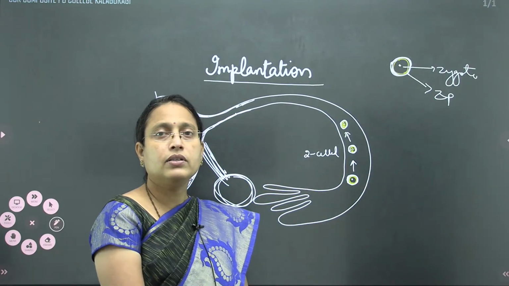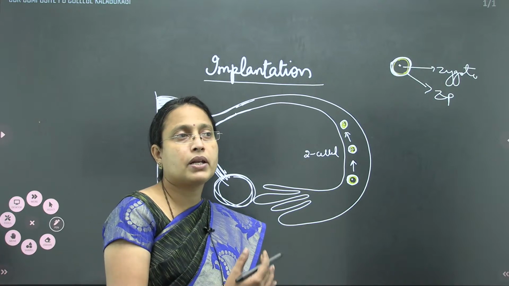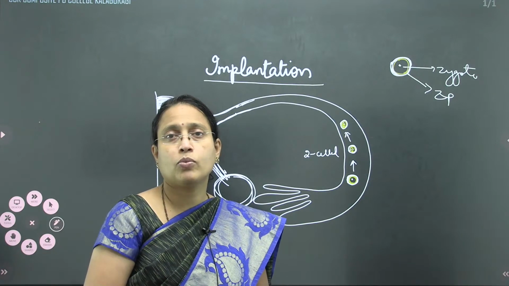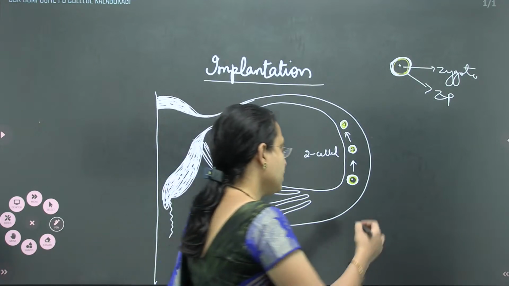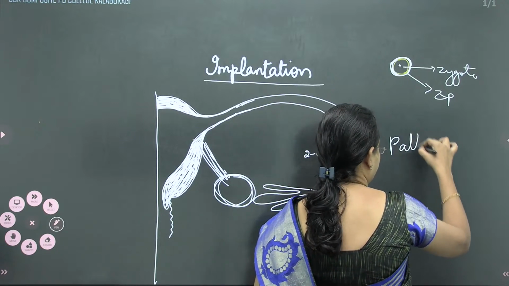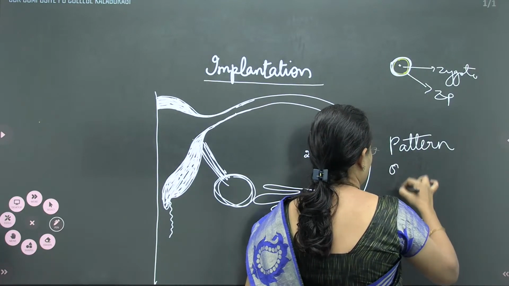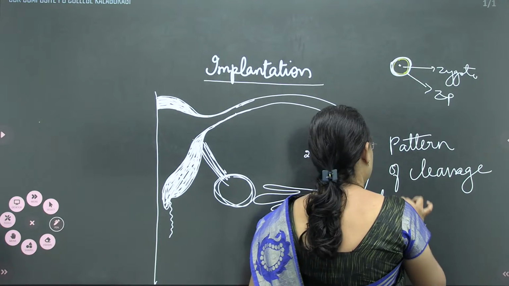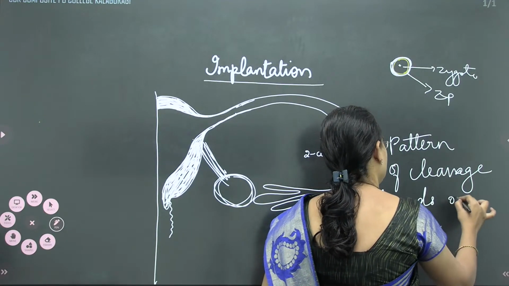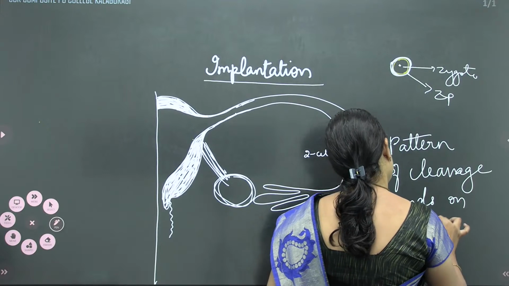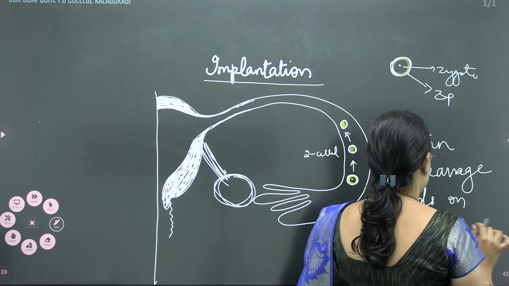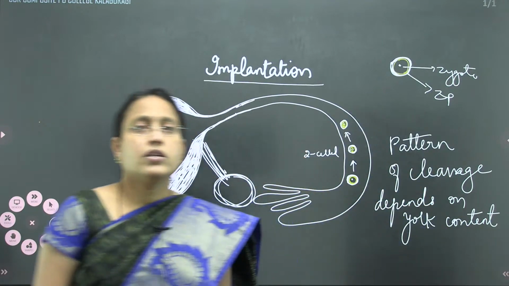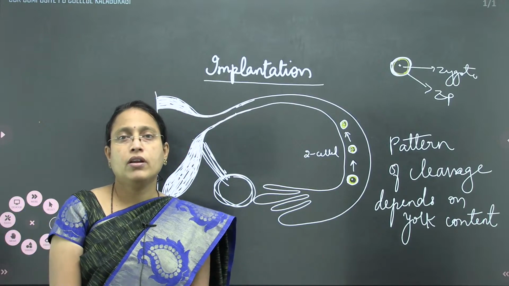Now, what does the pattern of cleavage depend on? In some animals complete division is there; in some animals there is no complete division, and holoblastic cleavage is not there. So the pattern of cleavage depends on yolk content.